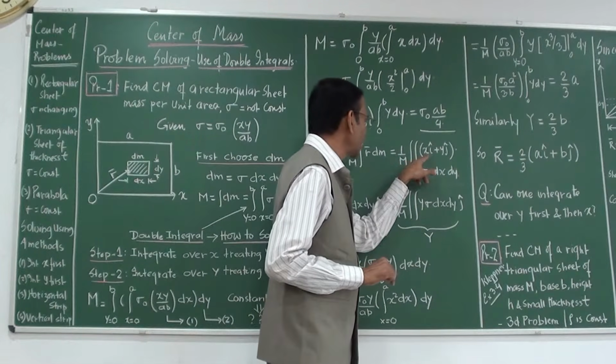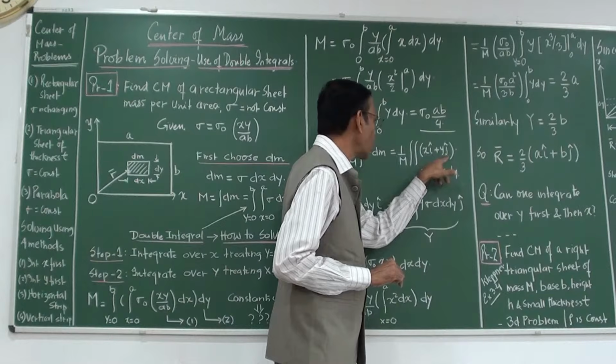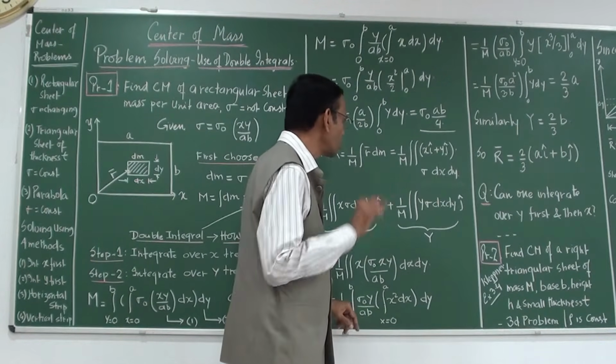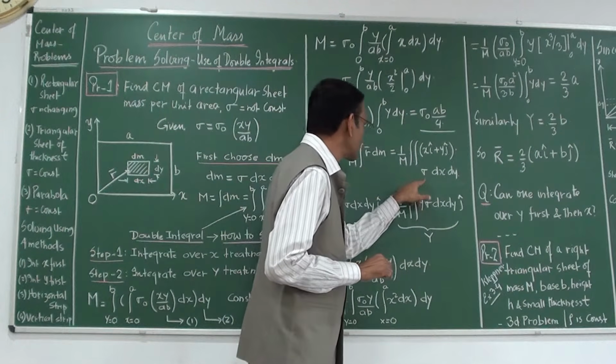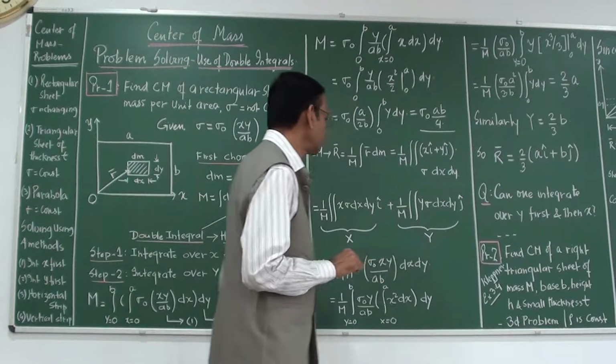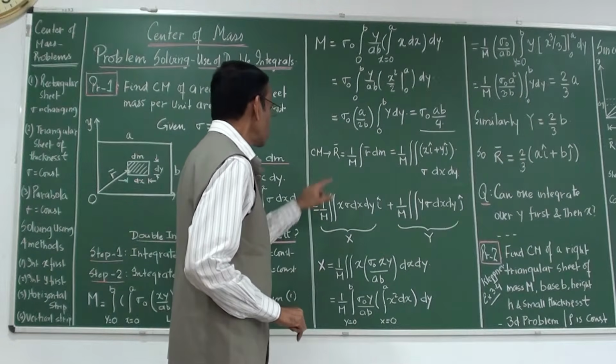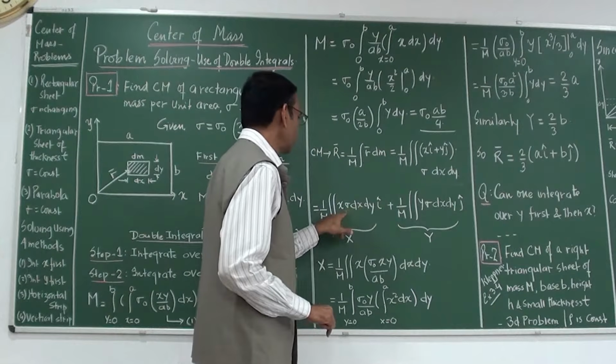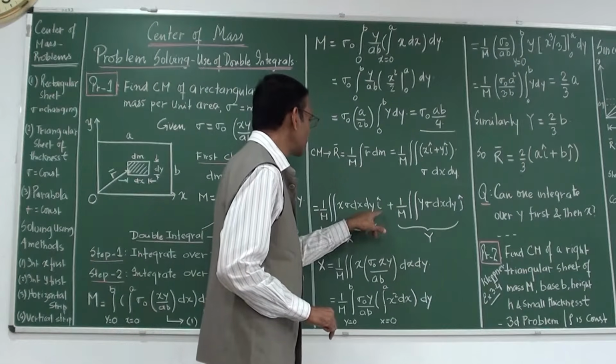So I have written x i cap plus y j cap. dm is sigma dx dy.